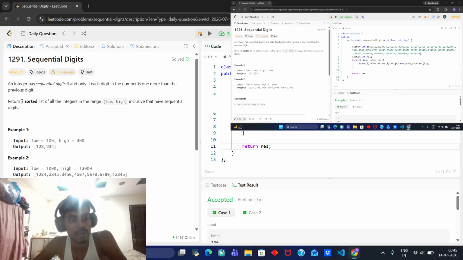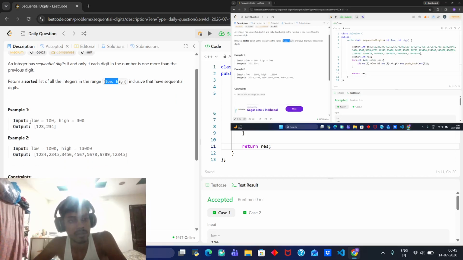And we have to return a sorted list of all integers in the range low, comma, high, inclusive, that have sequential digits. We have to return a sorted list of all integers that lie between low and high inclusively.